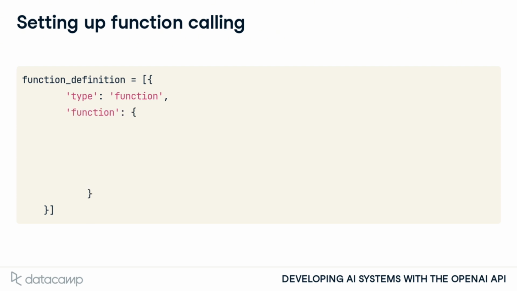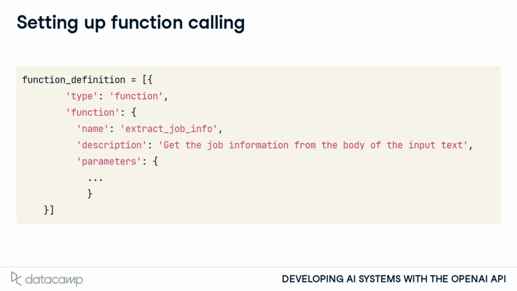We then move to specifying information about the function itself. Under the function key, we specify a name for the function, a description of what the function should do, and its parameters. In this case, we provide a name for our function related to extracting job information, a short description stating that the function gets information from text, and parameters.